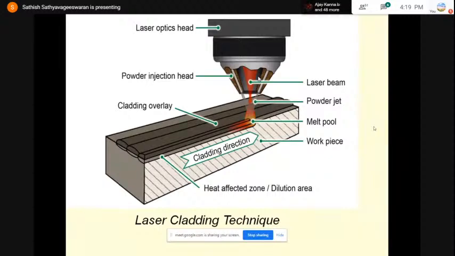Another difference is that in laser cladding, the dilution between your base material and the cladded layer will be very high, more than 15%. Whereas in laser alloying, the dilution between your base metal and the powder, that is the cladded layer, will be much less, maybe less than 15%. So these are the differences between laser cladding and laser alloying.